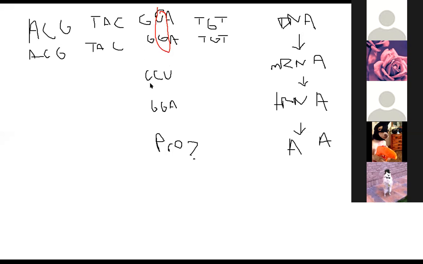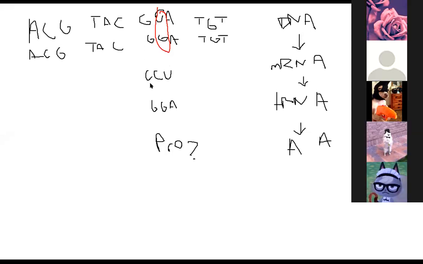Oh, I did the mutated one, my bad. Okay, sorry, the original now, I'm so sorry. So let's look at GCA. What would GCA code for? CGU. CGU, and I'm putting it on top because that's the original, okay? And what tRNA would CGU code for?